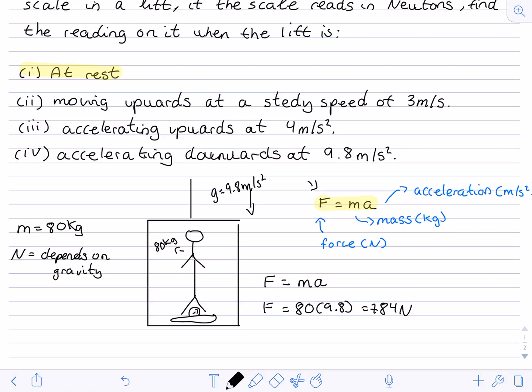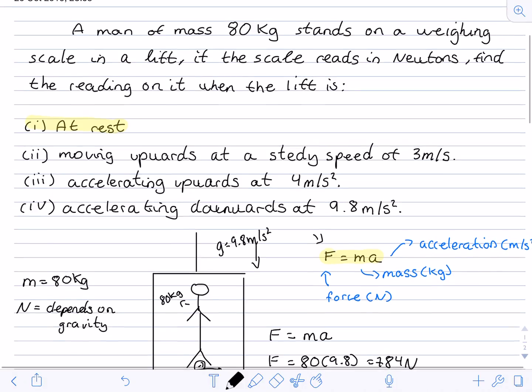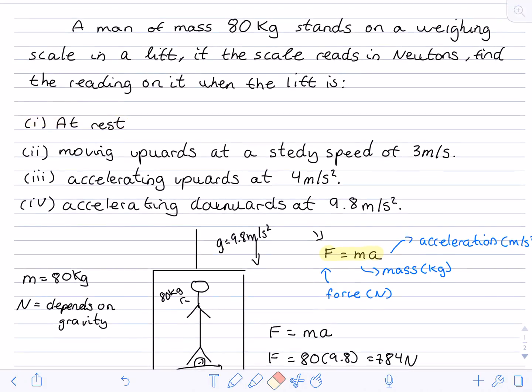But what happens if the elevator, okay, so let's go to part 2. Let's say the elevator is moving upwards at a steady speed of 3 meters per second. Keep in mind, this is speed, a steady speed, no acceleration.